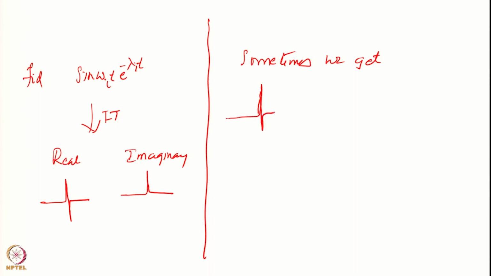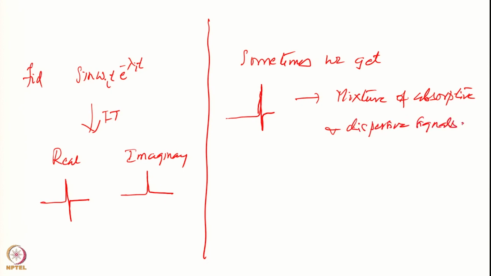This is a mixture of absorptive and dispersive signals. Therefore this is called phase error, and this has to be corrected.